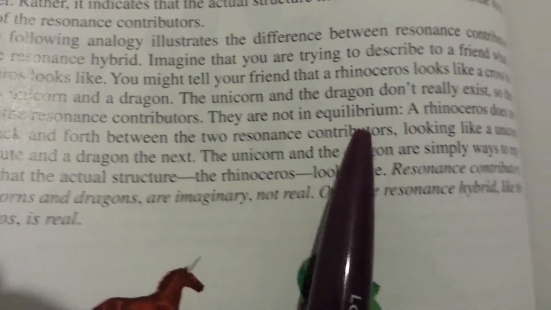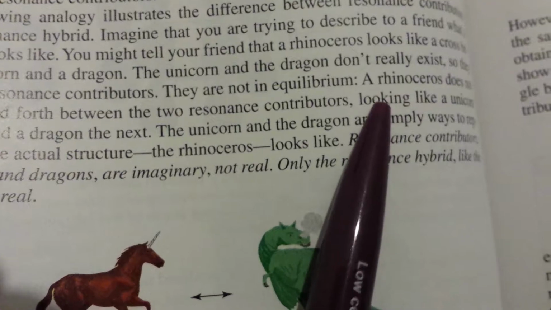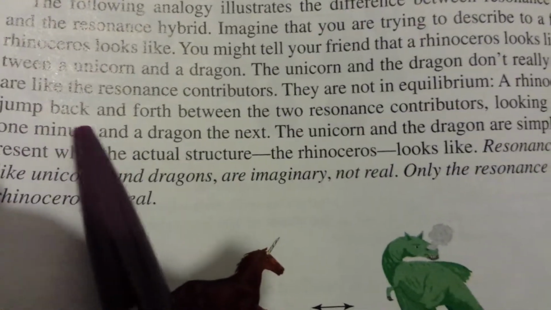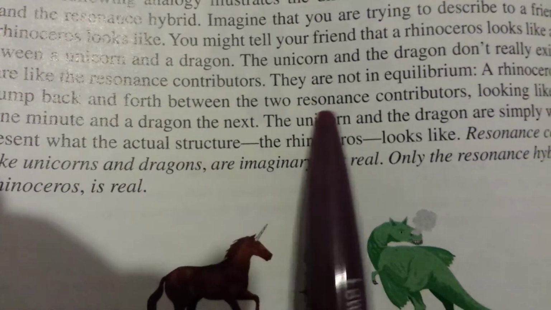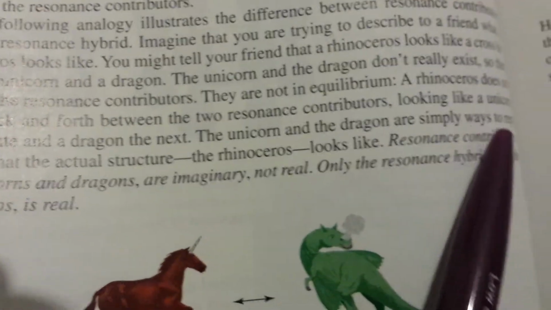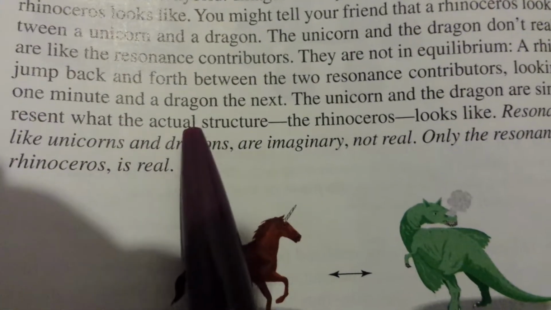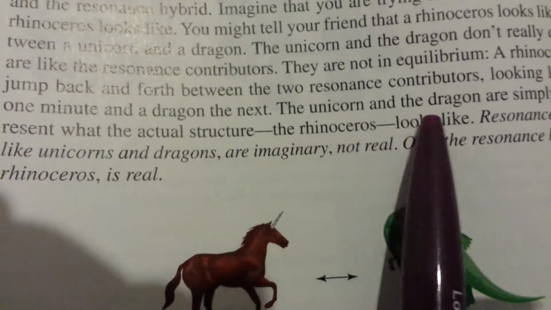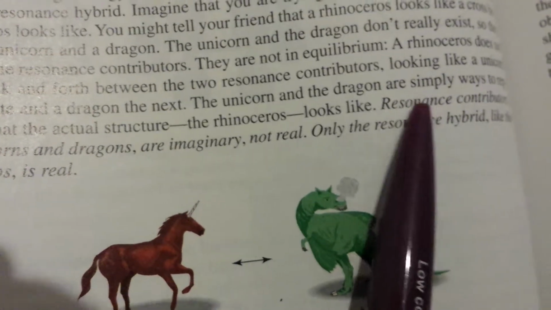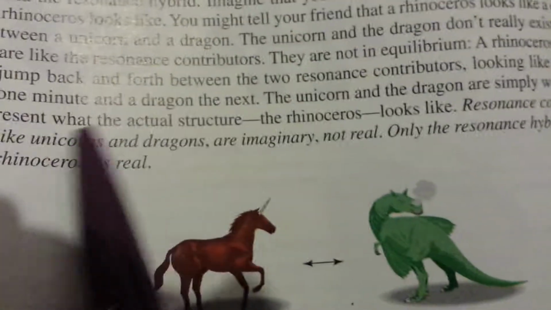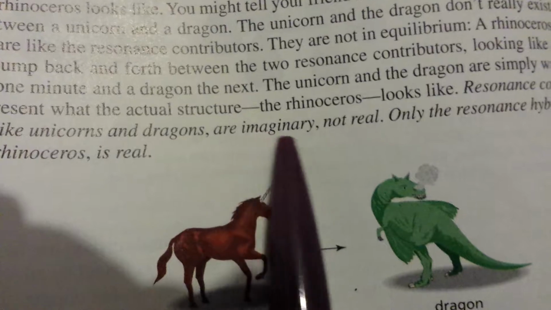They are not in equilibrium. A rhinoceros does not jump back and forth between the two resonance contributors, looking like a unicorn one minute and a dragon the next. The unicorn and the dragon are simply ways to represent the actual structure.